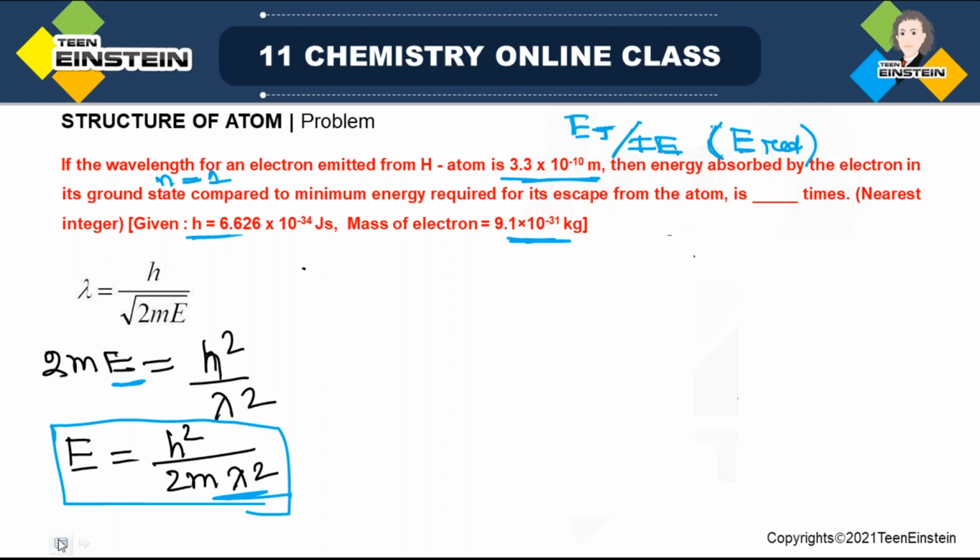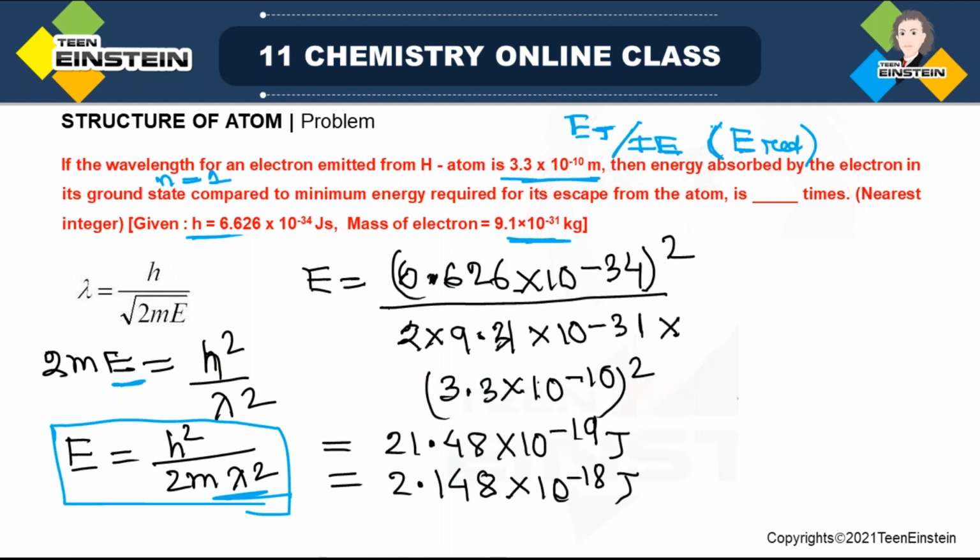Fine. So now we will put all these values in place of h, 6.626 into 10 to the power minus 34. There should be a square, and in the denominator 2 into, then you have to put the mass of electron and then multiplied by this lambda square, because lambda value is given, 3.3 multiplied by 10 to the power minus 10.